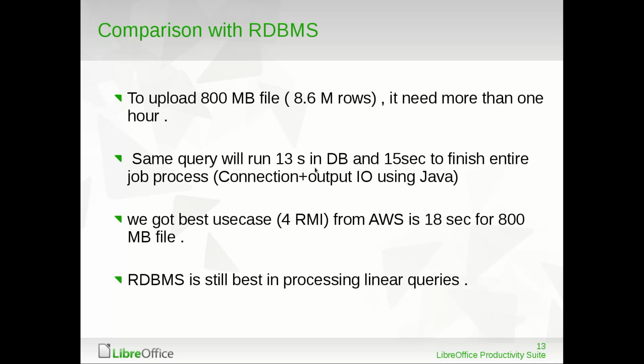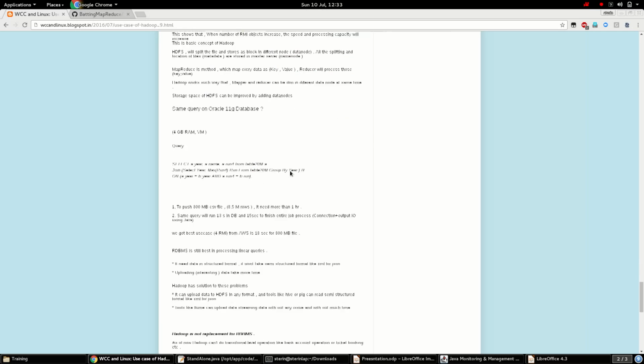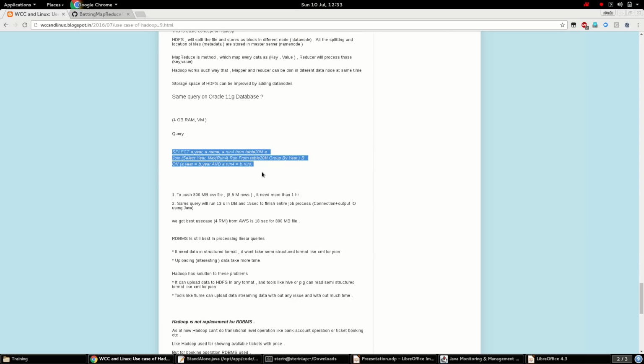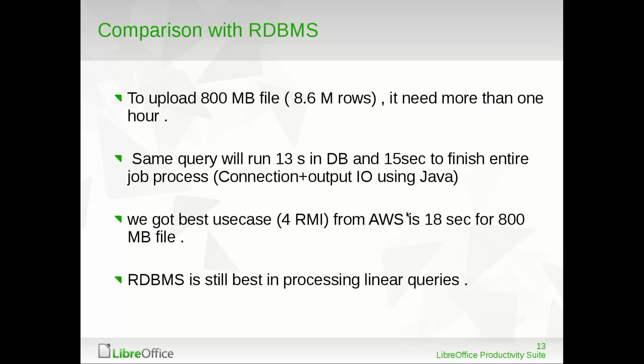Okay, and comparing with the RDBMS database, I used Oracle 11G on a 4 GB RAM machine, a 4 GB VM. What happened is, to upload the 800 MB file, about 8.6 million rows, it needed more than 1 hour. And the same query which we used here, this is the query, it's a join operation.